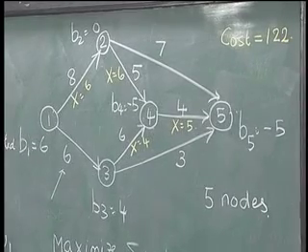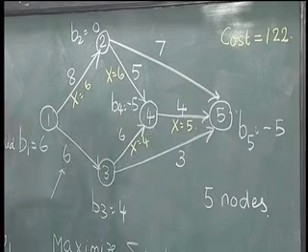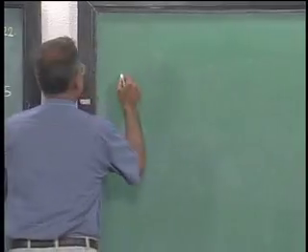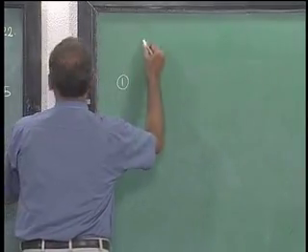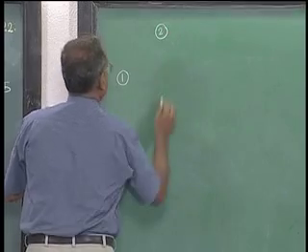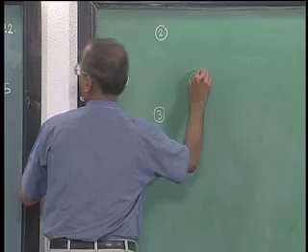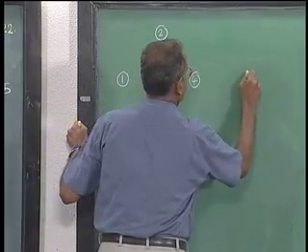Now, we need to check whether this feasible solution is optimal. To do that, let us go back and redo this network. So, we have 1, 2, 3, 4 and 5.